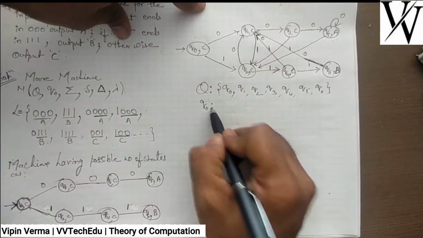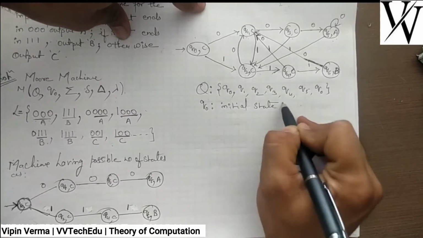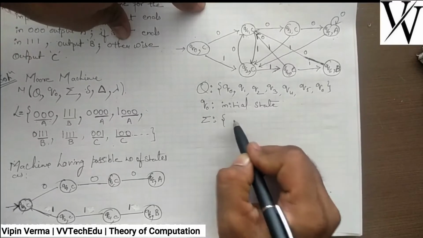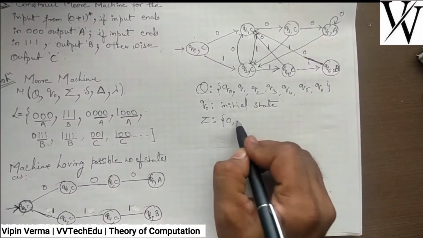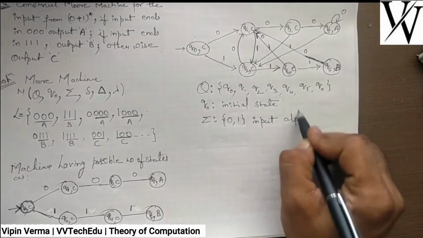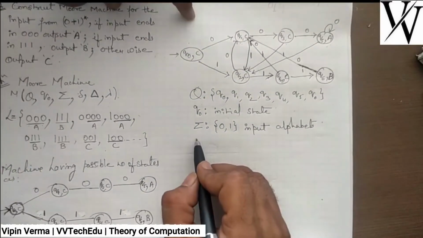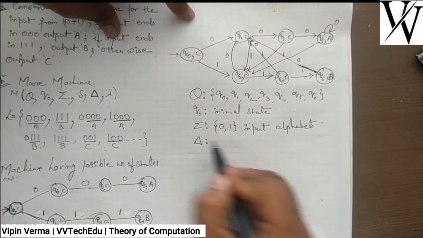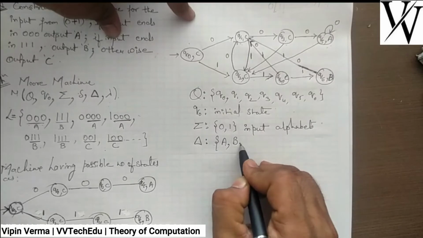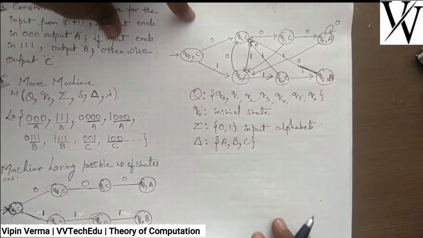Similarly, Q0 will be the initial state, then set of input alphabets, we know that it is given 0, 1. Set of output alphabets, we have 3 kinds of outputs that we're generating with the help of this machine: A, B and C. Okay, and then the transition functions, we can define it here.